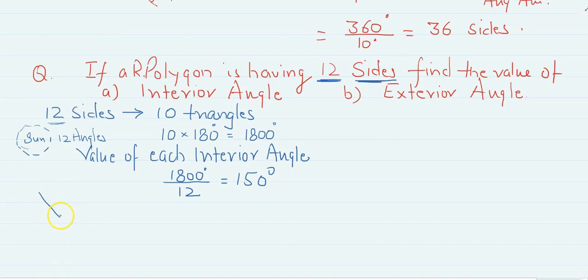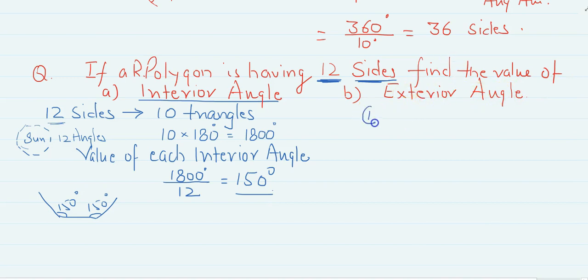If I take just a side only, this is 150, this is 150, so the total sum is 180. So if a polygon has 12 sides, then the value of the interior angle will be 150. Now what will be the exterior angle? There are two methods.